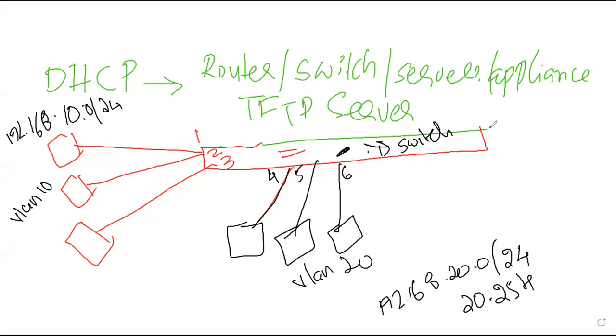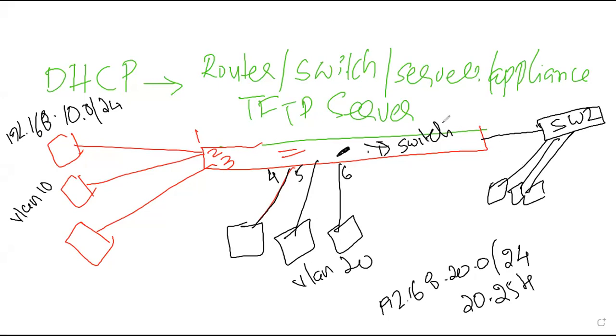And you have trunking connected to switch 2, and switch 2 has systems. When these systems try to get an IP address, they send a broadcast, and this will be released by the DHCP server, because the gateway for these systems is located in this switch, as this switch is considered the core switch, and this is considered the access switch.